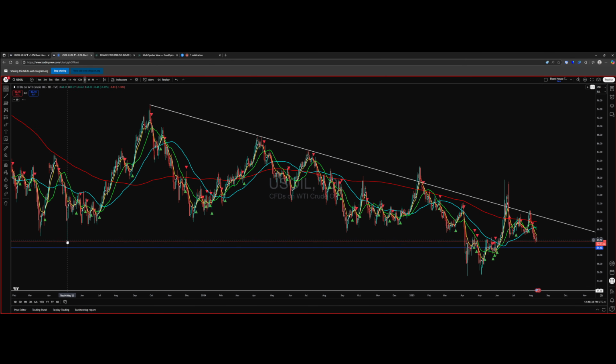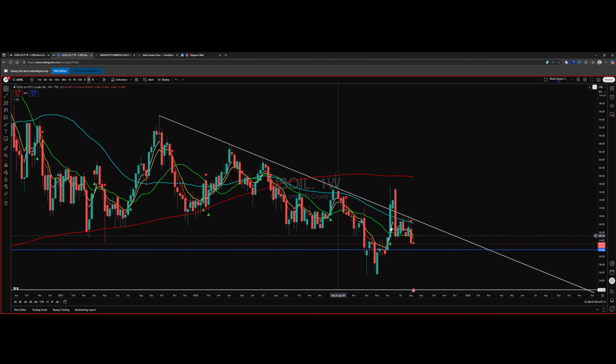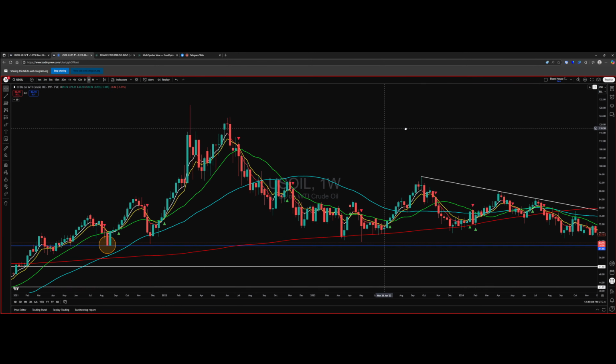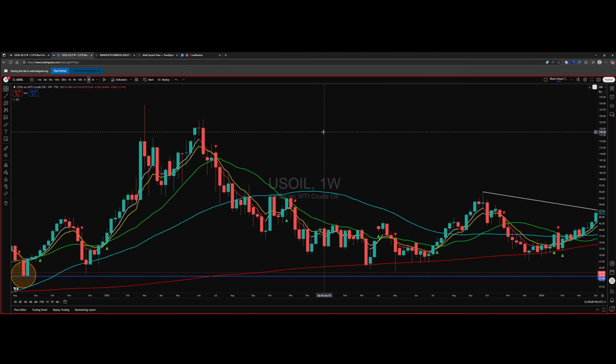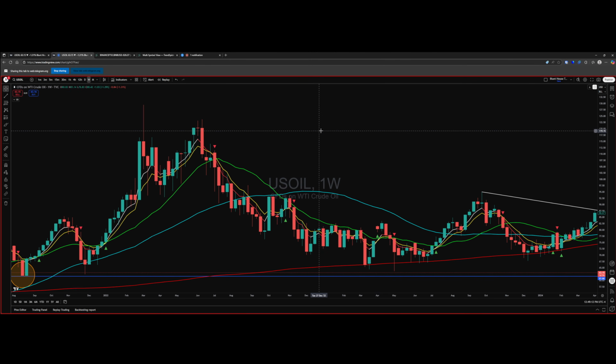That's oil. That's the chart we've seen many, many times. This line was drawn here back on the 1st of April, 24. Had no idea. That's all it was, just an opportunity to connect these 2 points. But these are the things you do when you're doing your analysis, or at least I do.